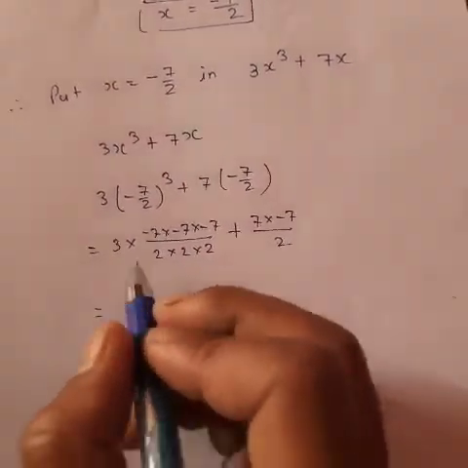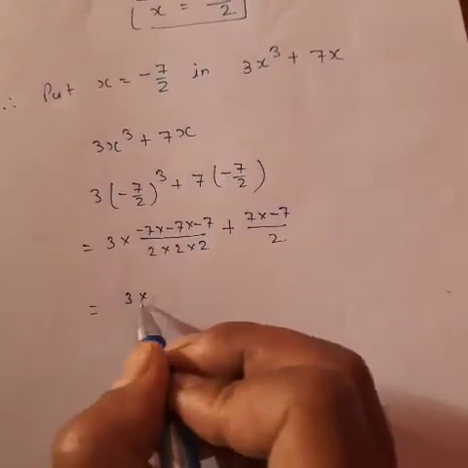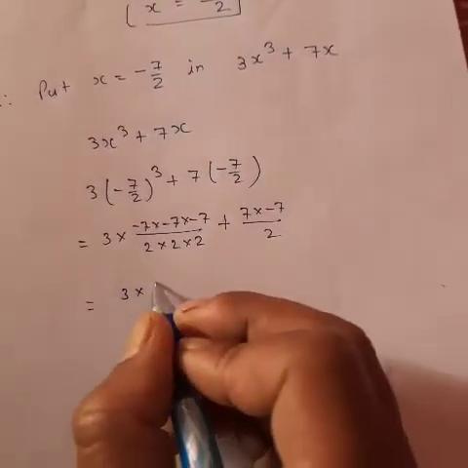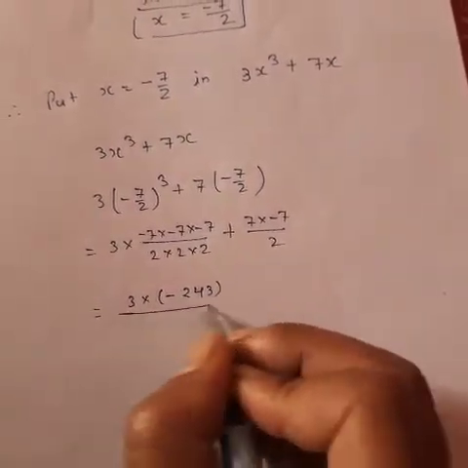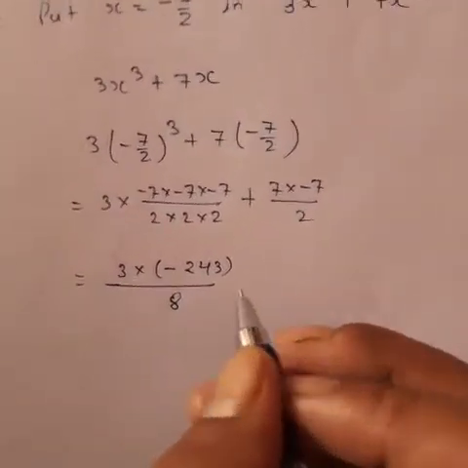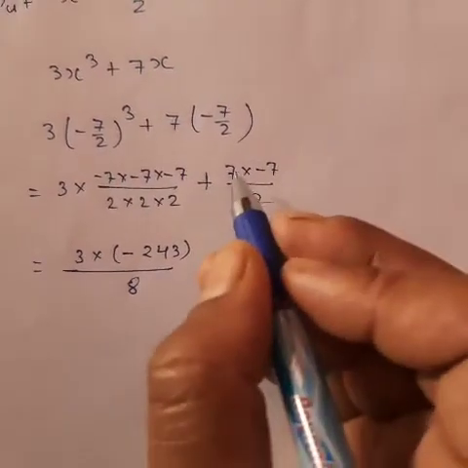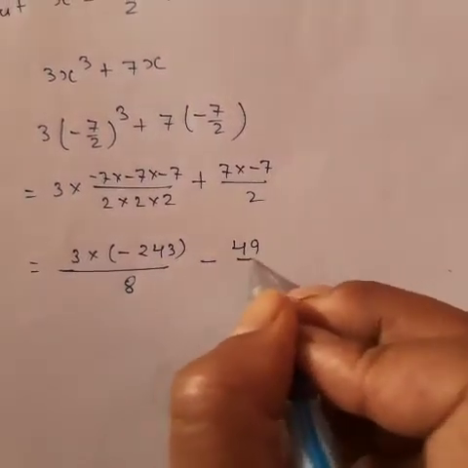So from here, students, we find 3 into minus 7 minus 7 minus 7, with the minus sign 3 times, upon 3 into 3 into 3. Then 2 into 2 into 2 is 8, and minus 7 into 7 is 49 upon 2.